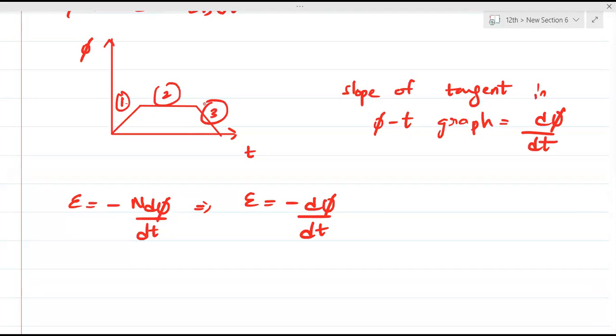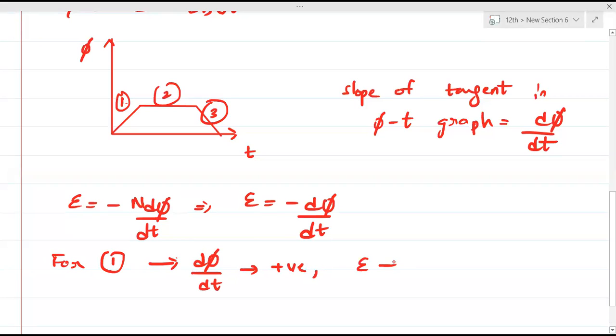I'm asking about d phi by dt itself. टेंजेंट देखो, टेंजेंट का स्लोप क्या है वो देखो, पॉजिटिव. तो d phi by dt is positive, तो EMF जो है नेगेटिव होगा. So EMF is negative.